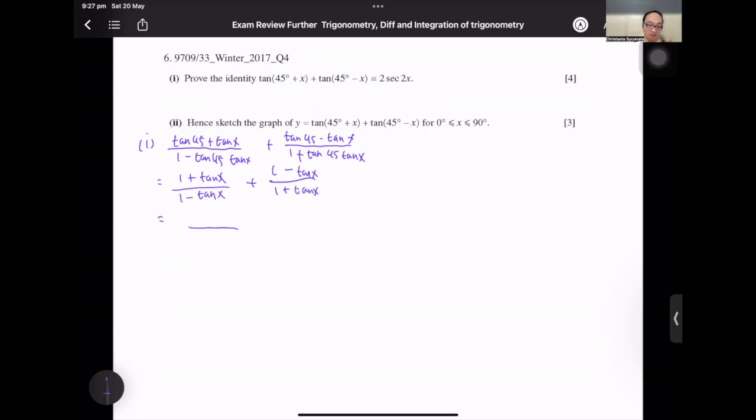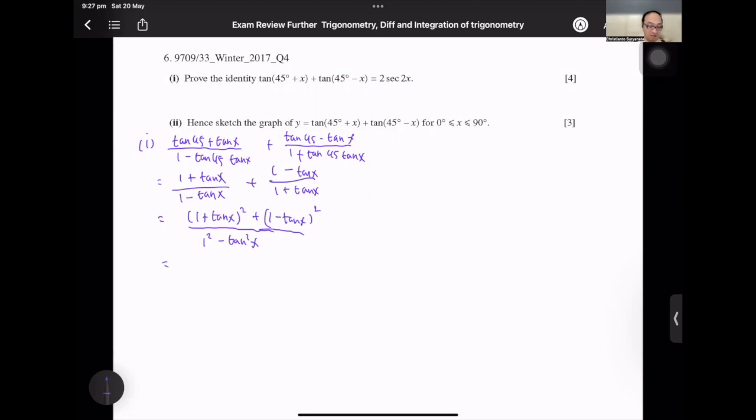We can make the denominator the same. The denominator is in the form of a plus b, a minus b, so it becomes a squared minus b squared. And for the numerator, we can just cross multiply, yeah? Tangent x squared plus 1 minus tangent x squared.